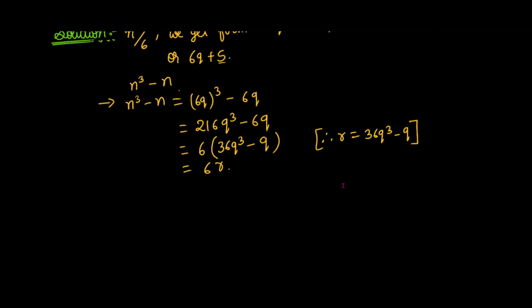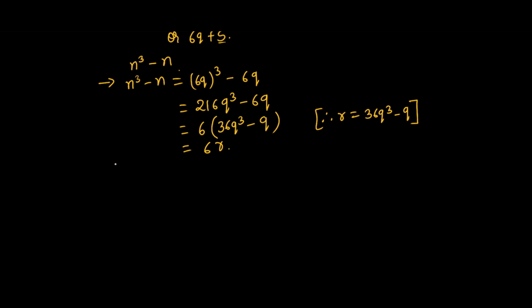So we will take 6q plus 1 as n. So n cube minus n is equals to 6q plus 1 whole cube minus 6q plus 1. So a plus b whole cube formula we will apply. A cube we will get 216 q cube plus b cube.